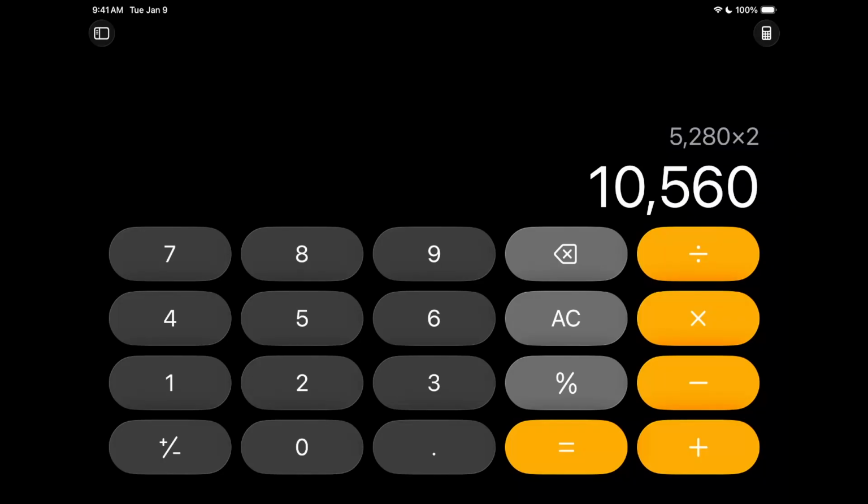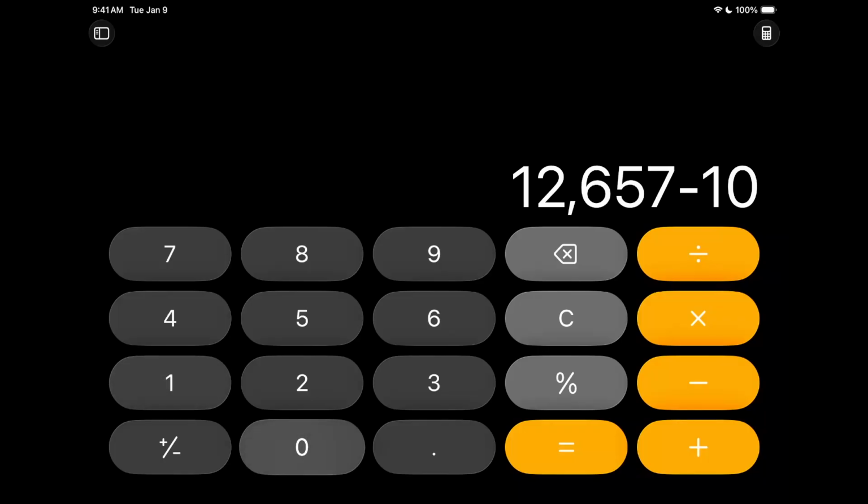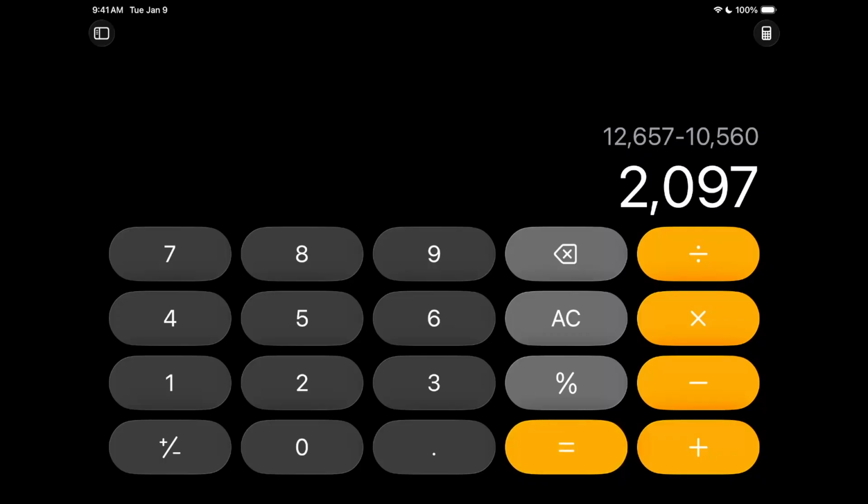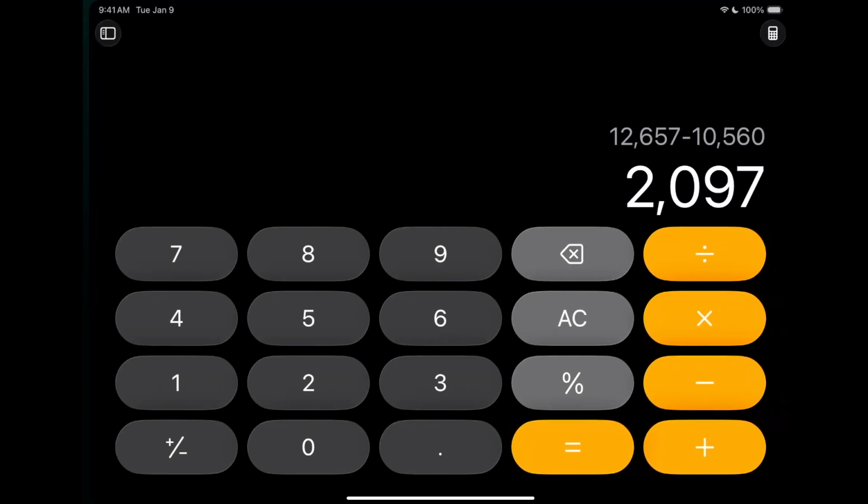And then we can do the 12,657 minus the 10,560, which is the 2 miles, to get our remaining feet, which is 2,097.